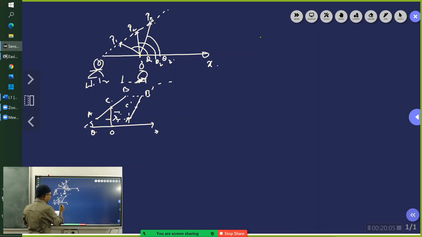This angle will still be theta, but this vector will now become R2. Now what type of motion is the rod making? Rotational and translation.